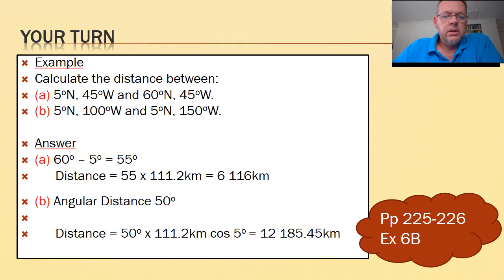What I want to think about now is just some other quick ones. Calculate the distance between 5 degrees north, 45 degrees west, and 60 degrees north and 45 degrees west.